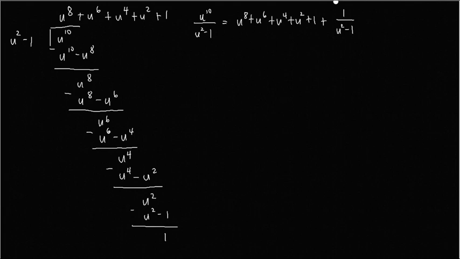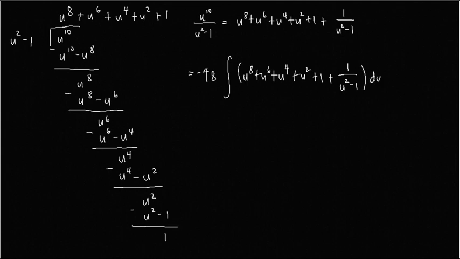So we will rewrite our integral as negative 48. Take note, meron tayong ganyan kanina. Times u raised to 8 plus u raised to 6 plus u raised to 4 plus u squared plus 1 plus 1 over u squared minus 1 du.